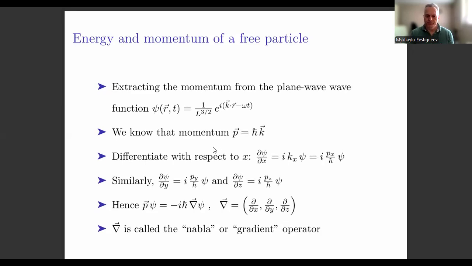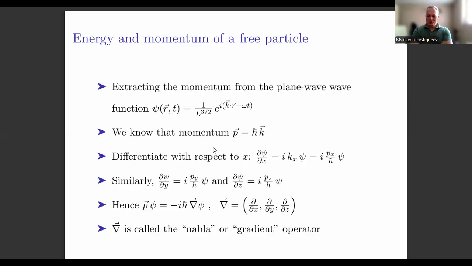Now, what about momentum? For momentum, we need to recall the de Broglie relation between momentum and the wave vector. So momentum is reduced Planck's constant times the wave vector. Why? Because the wavelength, lambda, is Planck's constant divided by the magnitude of the momentum.